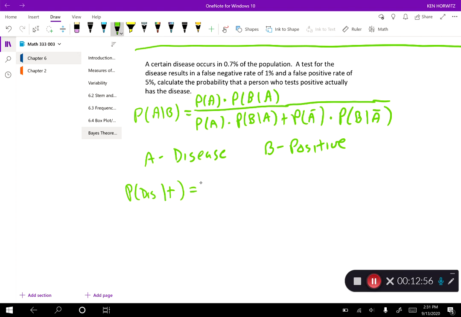So again, we're going to change all our A's to disease and B's to positives.